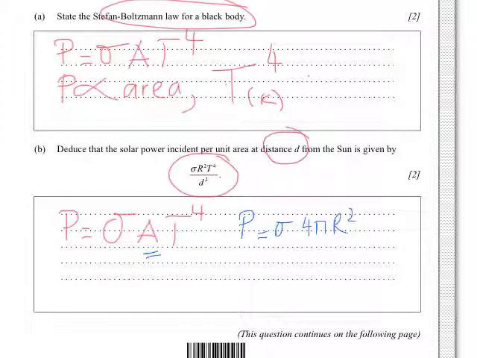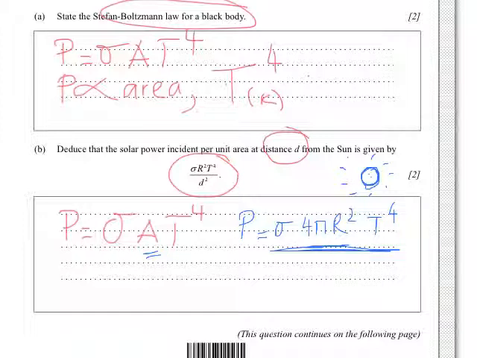Remember that 4 pi r squared is how we work out the area of a sphere. So we're always imagining the sun as a giant sphere, and every single part of its surface area is emitting heat, and then times T to the power of 4. So this is our emitting object.